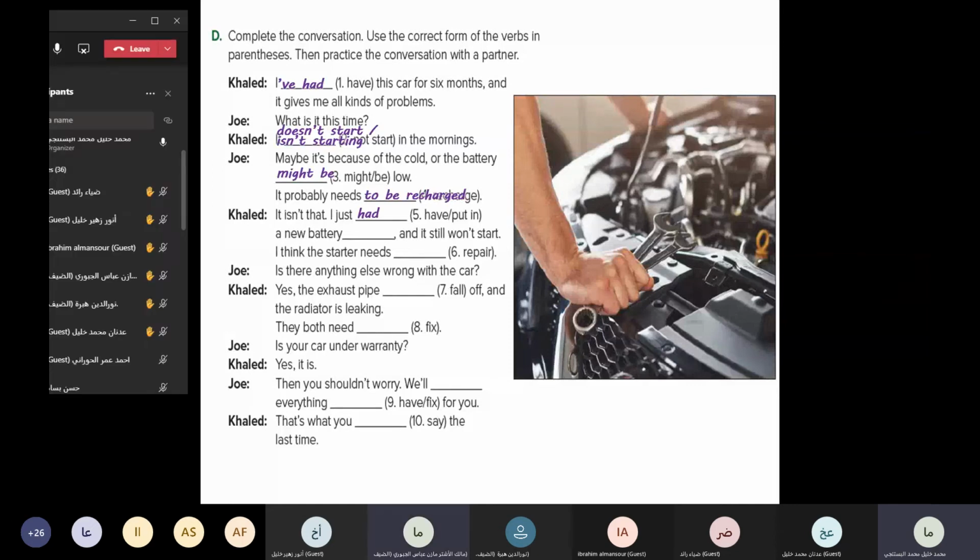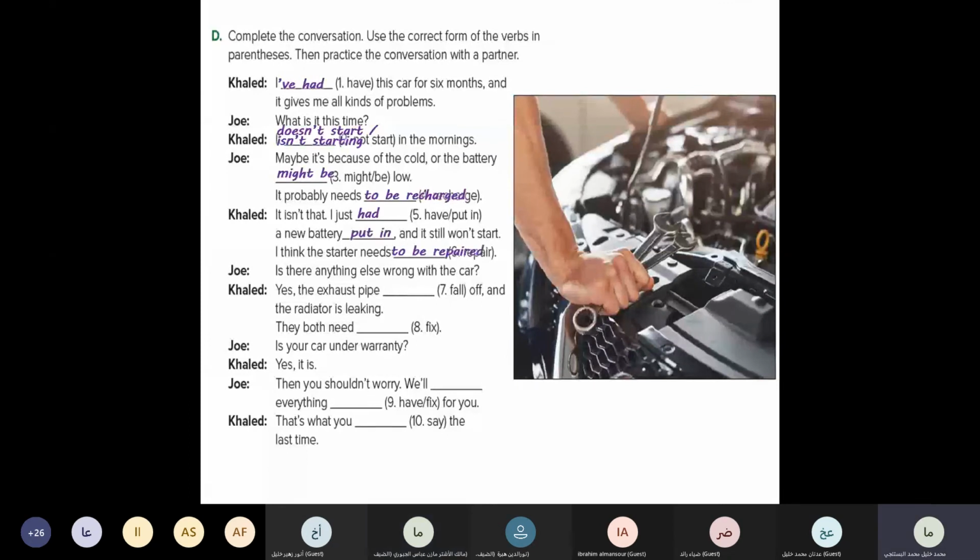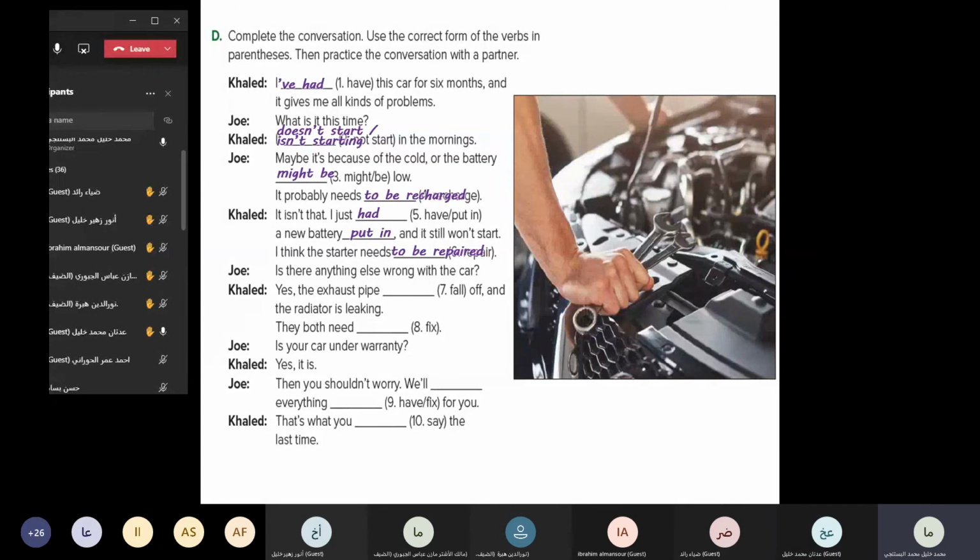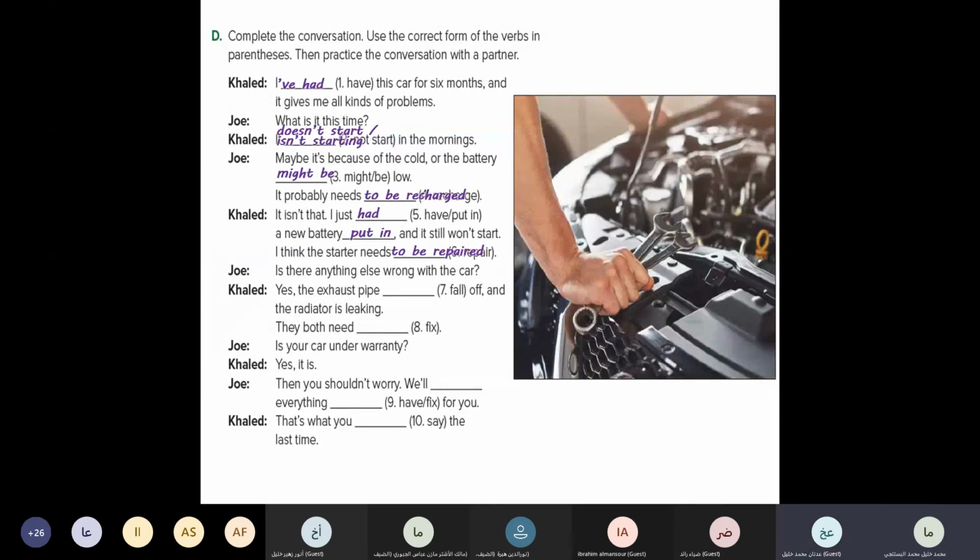Who can continue? Yes. To be repaired. Good. I think the starter needs to be repaired. Who can choose the next one? Yes, Adnan. The exhaust pipe fell off and the radiator is leaking.